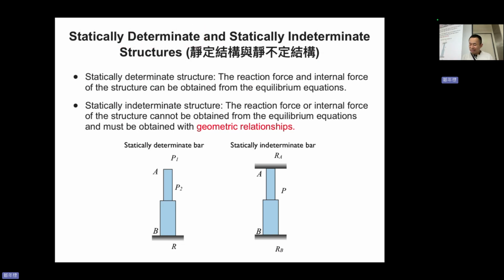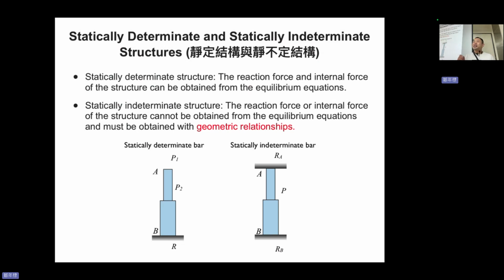But if it is indeterminate, it means that you cannot determine what you want to determine. All right? Let's see how it goes.